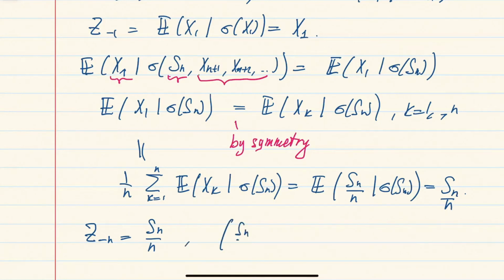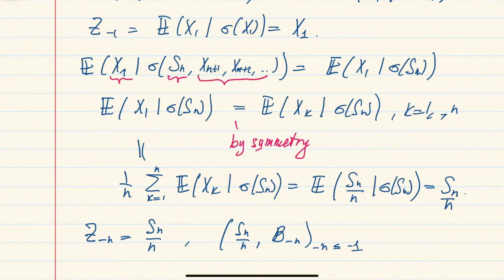So Sn over n and the sigma algebra B_{-n} form a martingale indexed by this negative integer, so indexed by -n less than or equal to -1. So you look at the negative n as the index here.